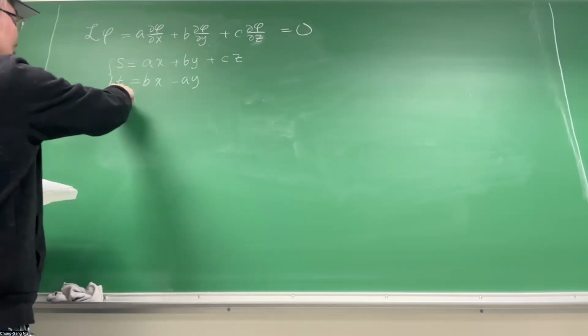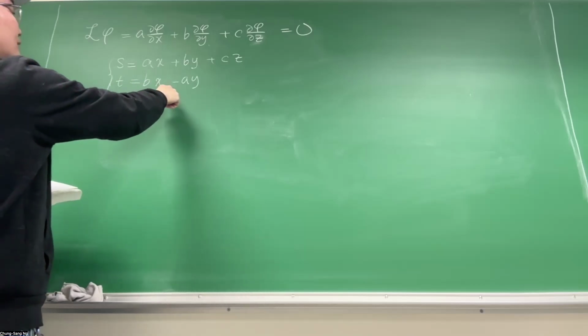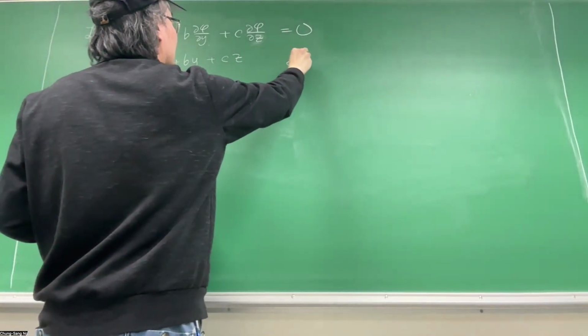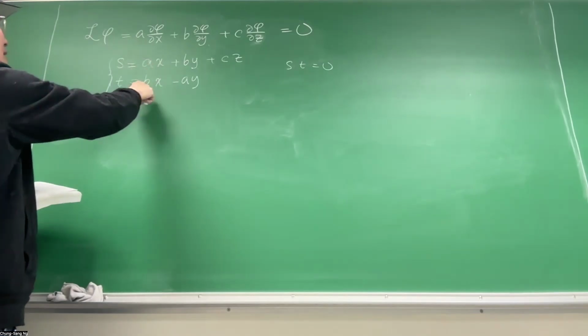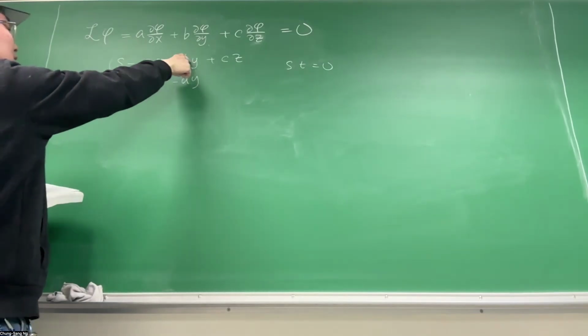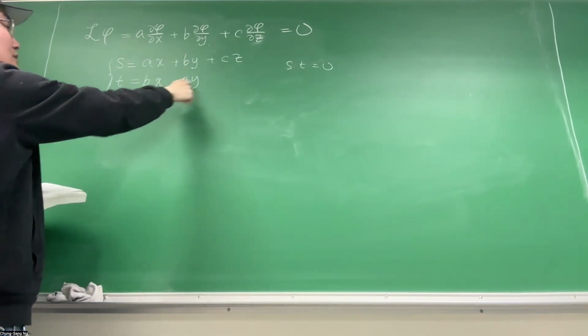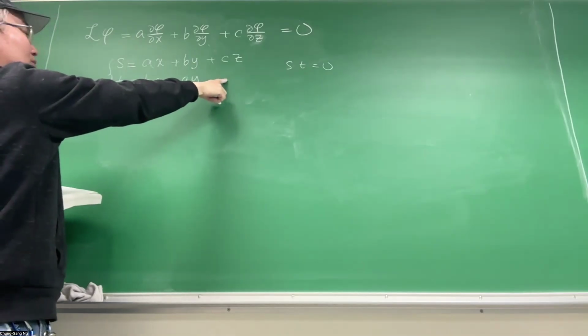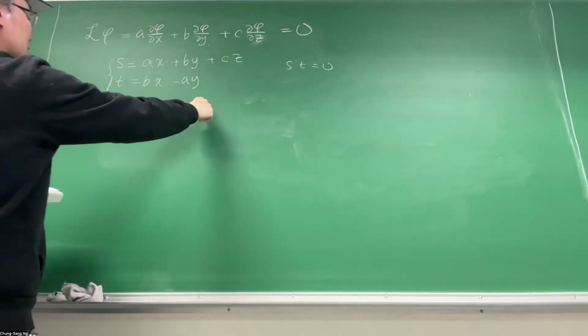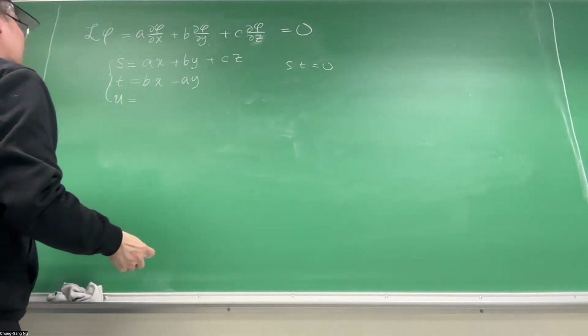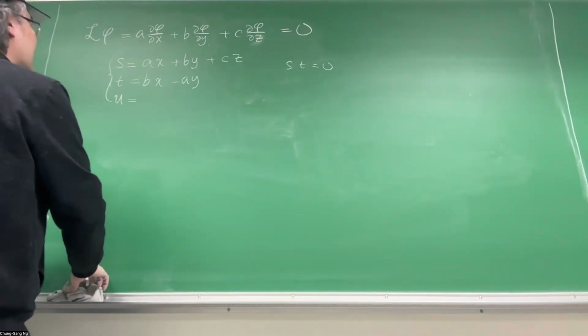So if you choose T just like that, then obviously S dot T is 0, right? Because this times that minus this b times a, that's still 0. You just don't have the z term. That is fine. And then you can choose the rest as another way to do it, right?